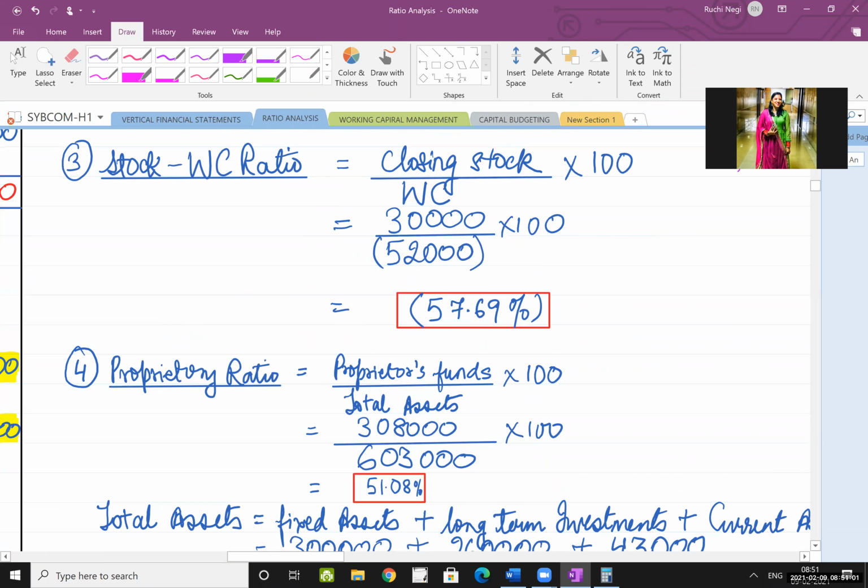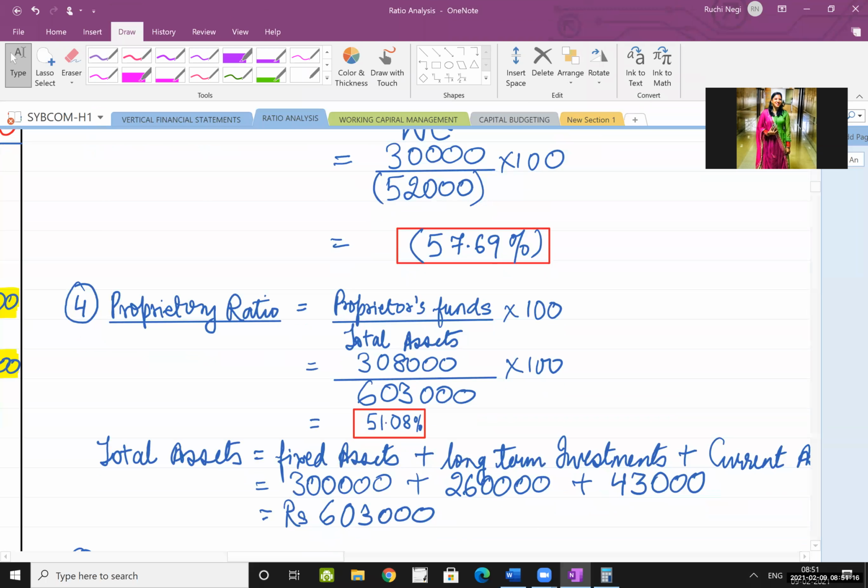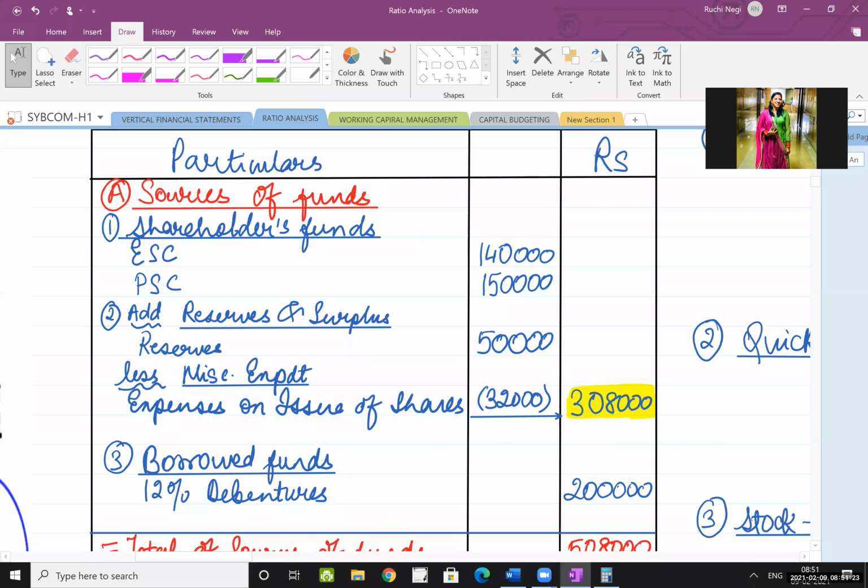Proprietary ratio formula is proprietor's funds upon total assets into 100. Okay, see your numerator and denominator both are in terms of balance sheet figures. Okay, so proprietor's fund. How will you get proprietor's fund? From here, ये जो हमने यहाँ solve किया था ना, ये.